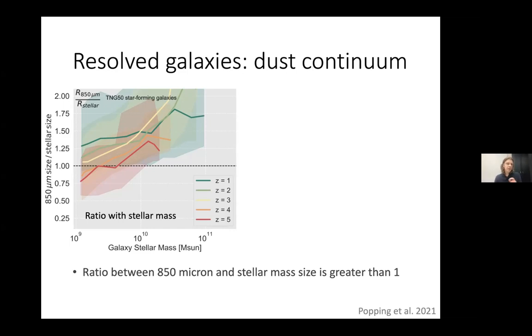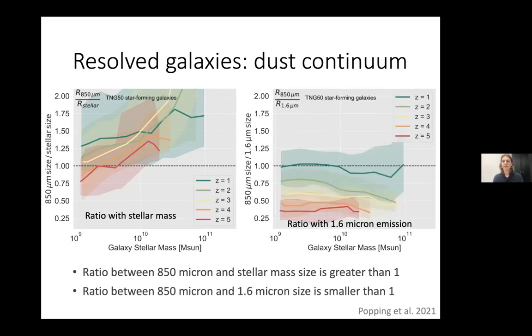Now, you may or may not have noticed, I've been very careful in saying stellar mass versus stellar emission. Because what happens if you do the same ratio, but now I'm dividing it by the radius that contains half the 1.6 micron emission that you would observe? Then suddenly this ratio drops.